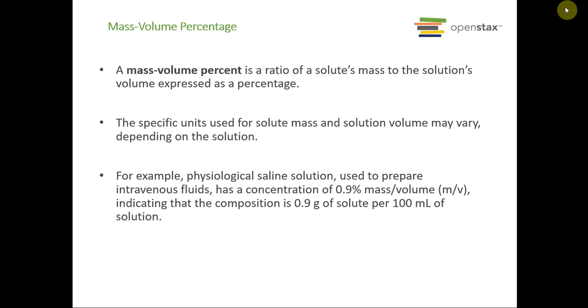The mass volume percent is a ratio of a solute's mass to the solution's volume expressed as a percentage. So this is like grams per grams, but in this case we're using milliliters instead of grams on the bottom, and then multiplying that by 100%.